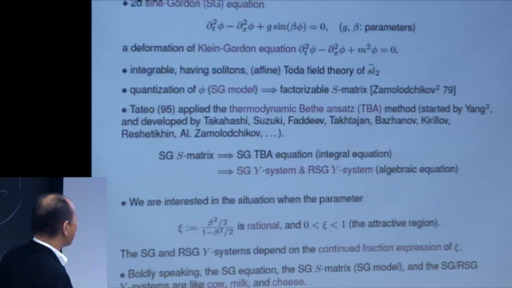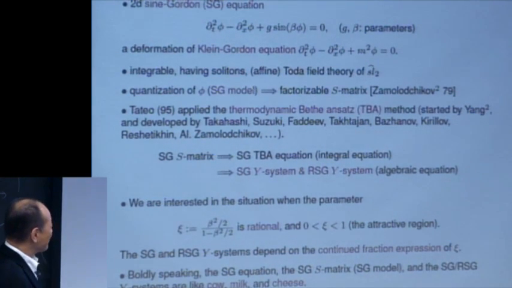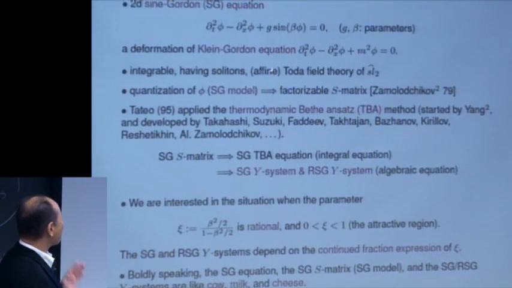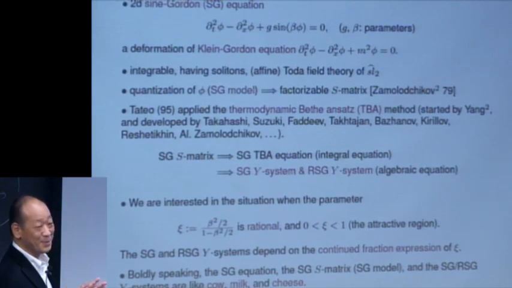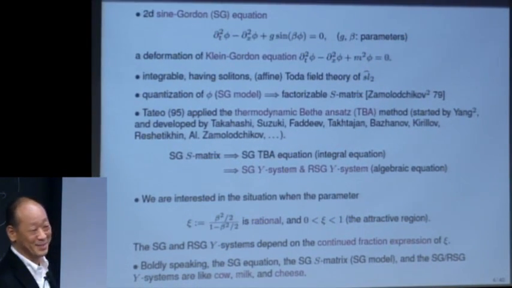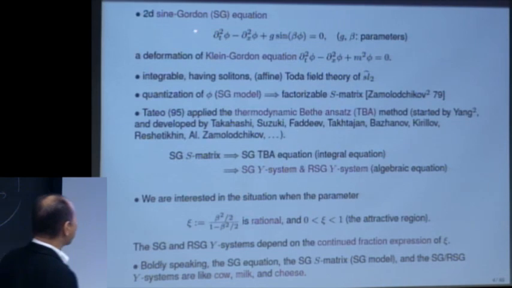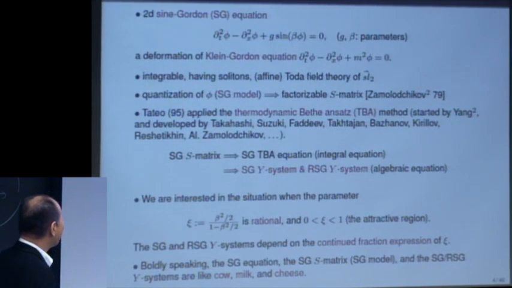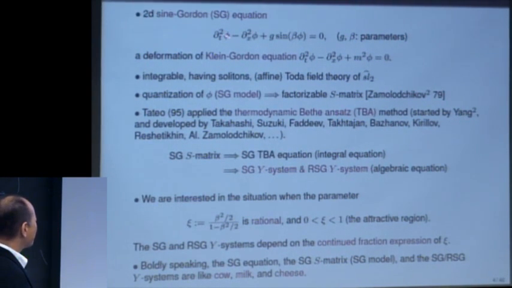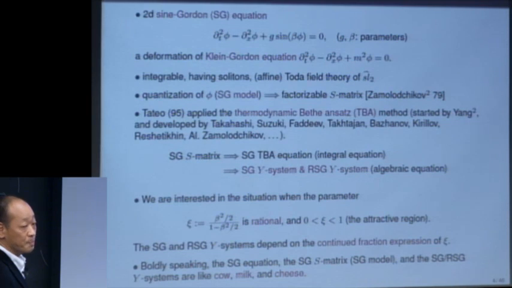Okay, so let me start. Maybe Andre didn't like it, but before giving a definition, it will be useful for some people to have a background. The sine-Gordon equation is a deformation of the much more famous Klein-Gordon equation, which is a fundamental equation for a bosonic field.